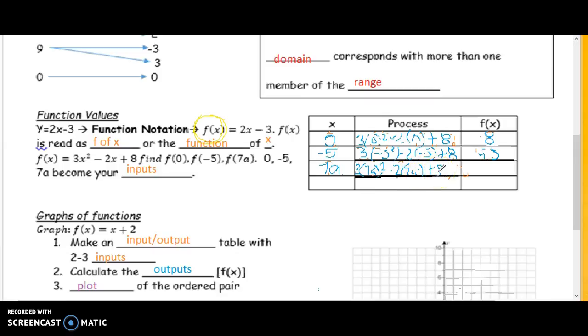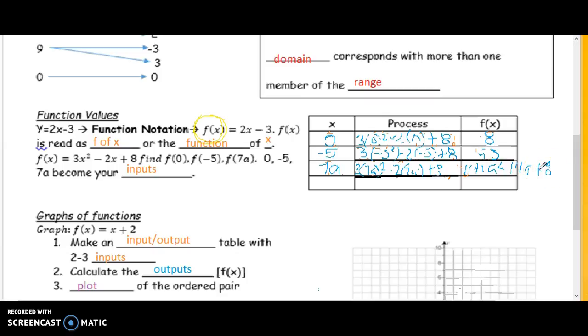And then we'll do some simplifying here, and we would get 147a squared minus 14a plus 8. So all I did was just simplify.